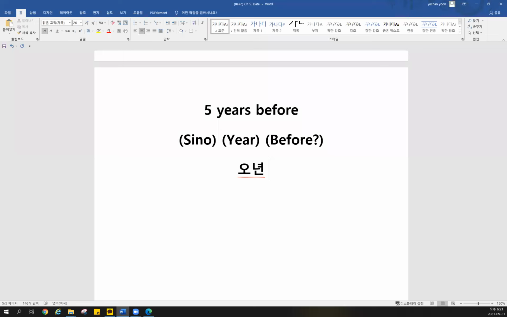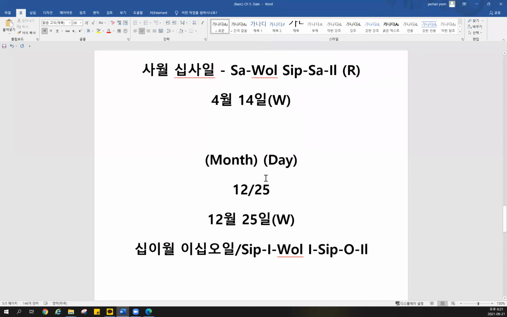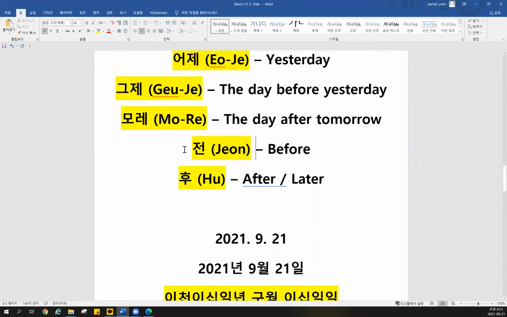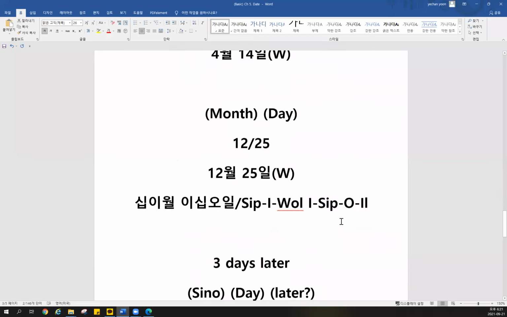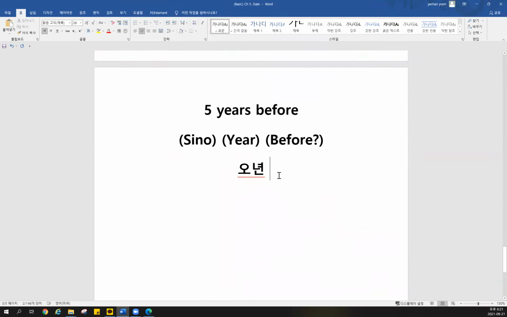And then before was what? 전. All right, so that's all. 5년 전. 5년 전. For the writing, it's going to be what? 5년 전. All right, Rihan, very impressive.